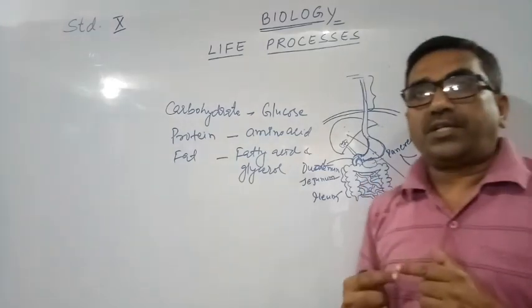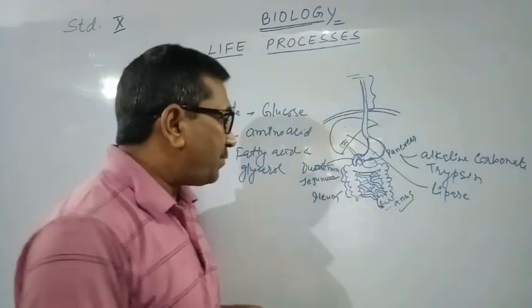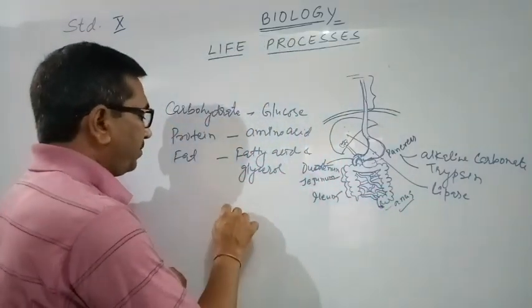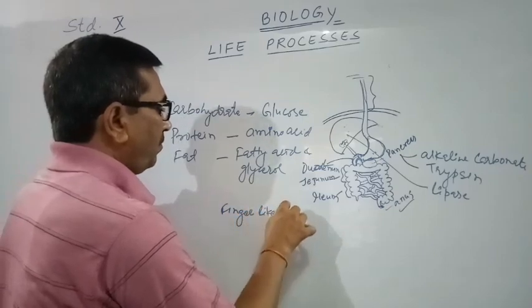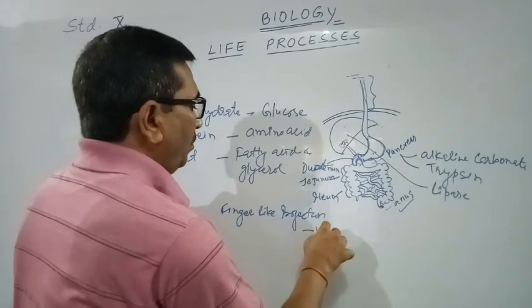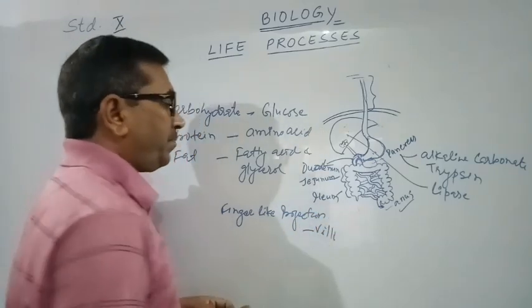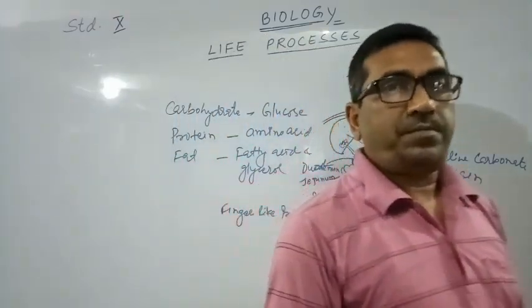In the small intestine, there are finger-like projections called villi. They increase the surface area for absorption.